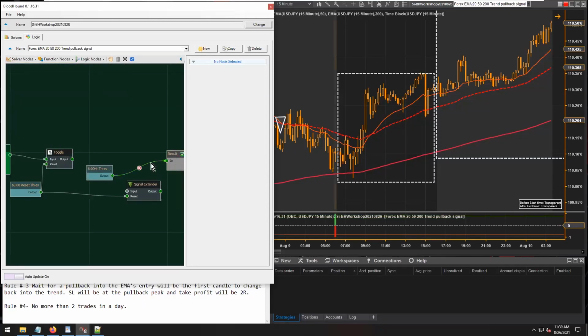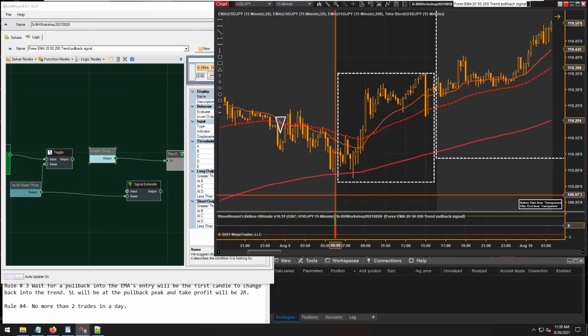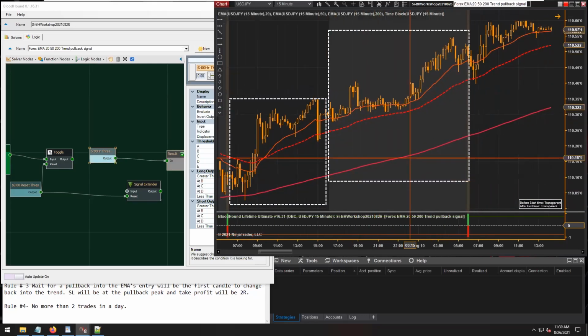And if we connect that in, so there is our signal when the Asian, basically when the Asian session is ending, but more importantly, right, that's when this period of time ends.